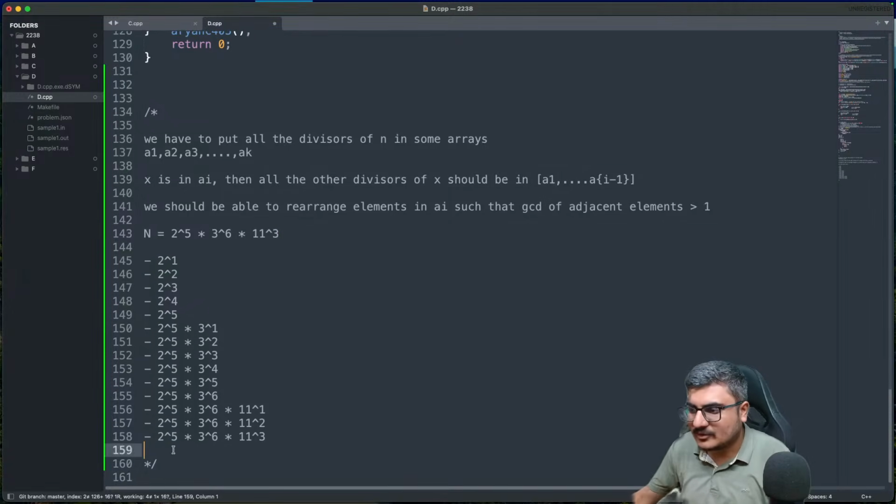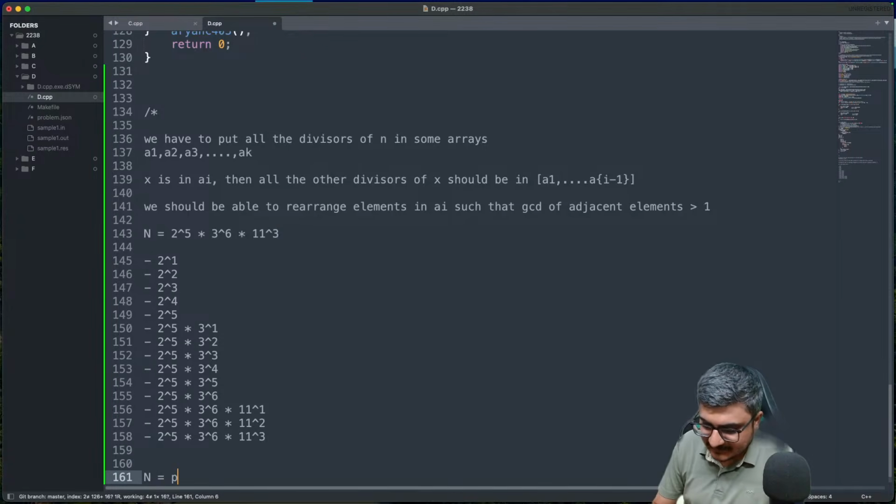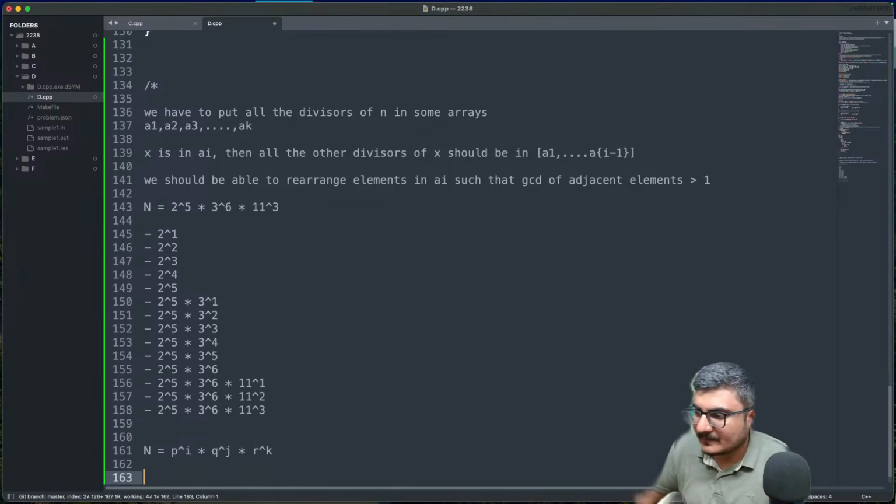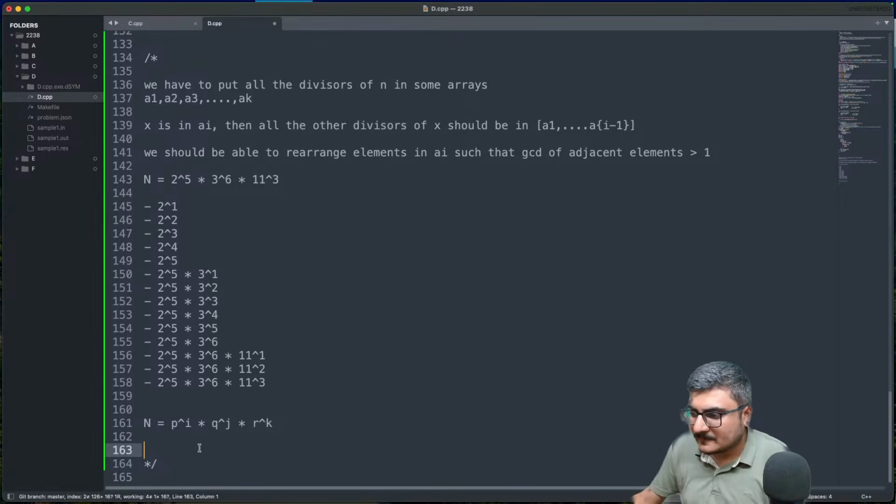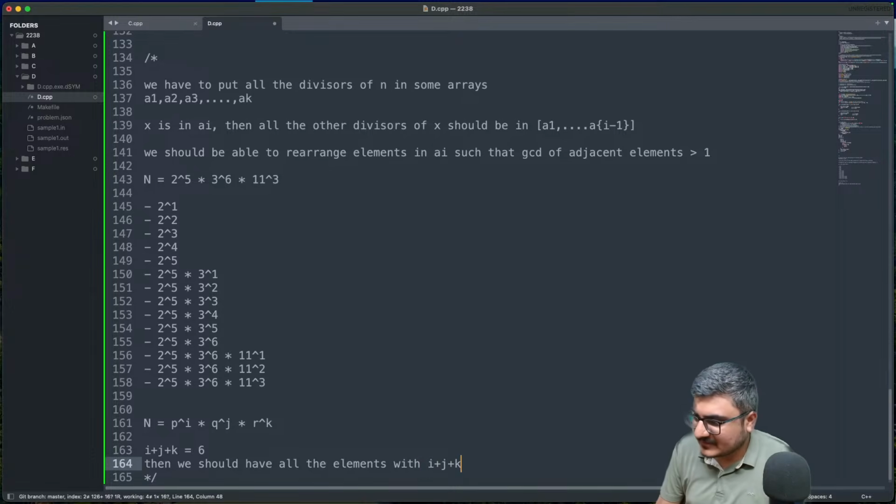Or if I have to put it this way, if n equals p to the power i into q to the power j into r to the power k, then on each layer, if i plus j plus k is equal to 6, then we should have all the elements with i plus j plus k less than or equal to 5 in the layers before this. Any questions, anyone?